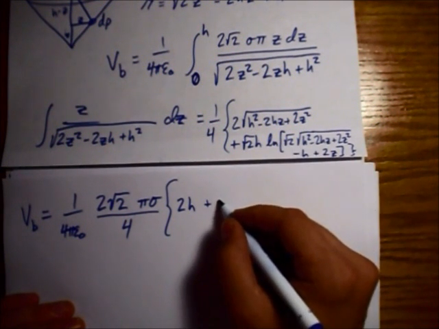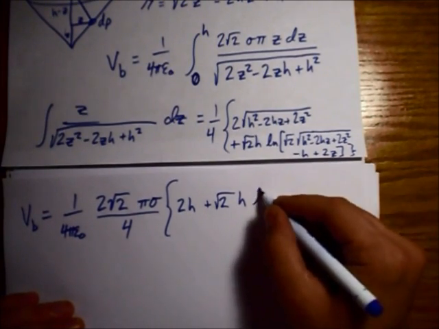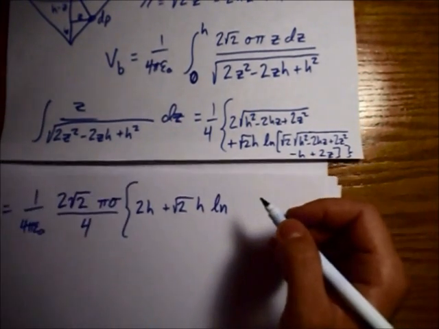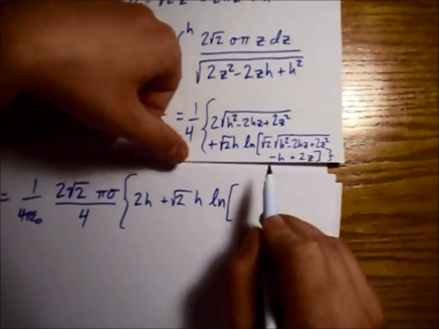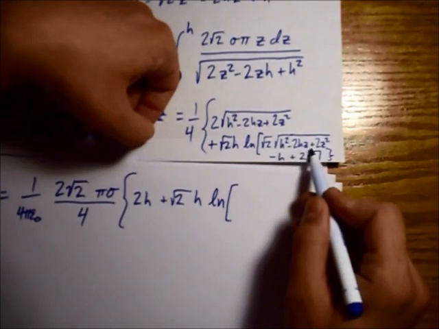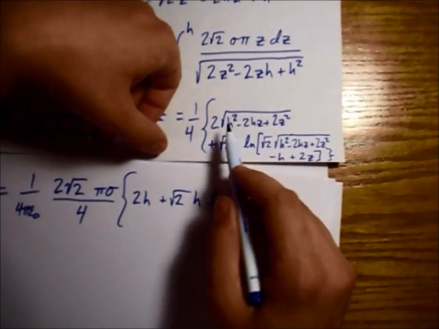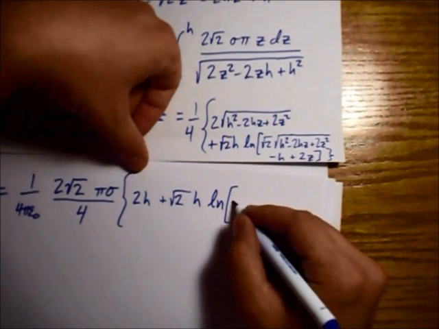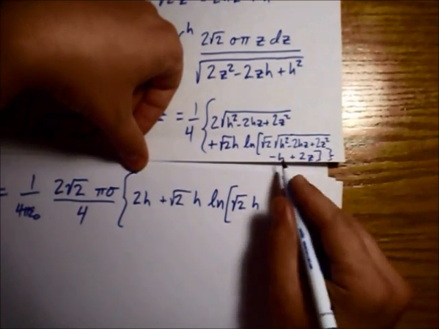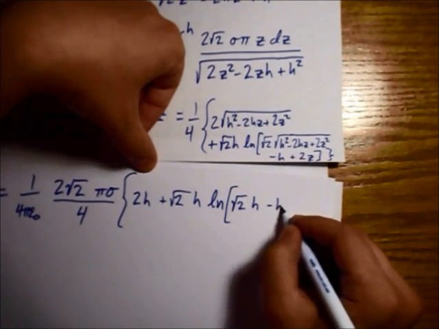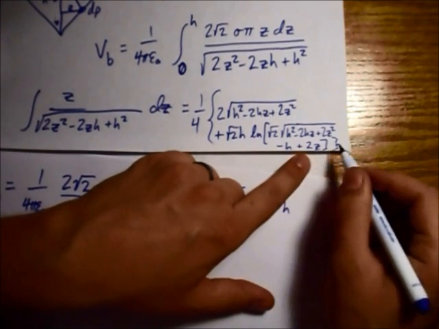So we have a square root of 2. We have an h outside the square root. We have a natural log. Again, this term, it's that mess under the square root, same as up here, we just get an h. So we have a square root of 2h. And then we have this minus h. And then this z, we plug in an h for that too, so it's a plus 2h.